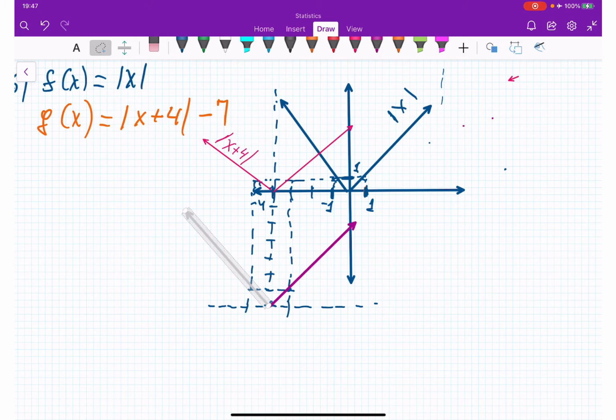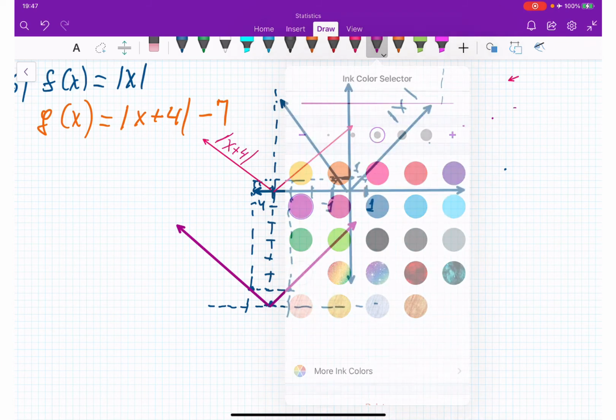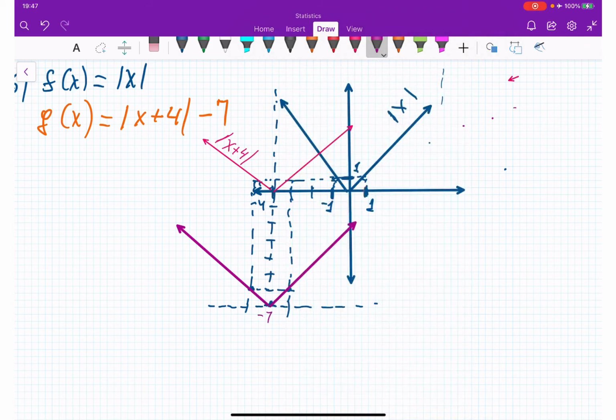It has to go through this point. There we go. Okay, so this is negative 7. Therefore, this graph is absolute value x plus 4 and minus 7. This is our graph.